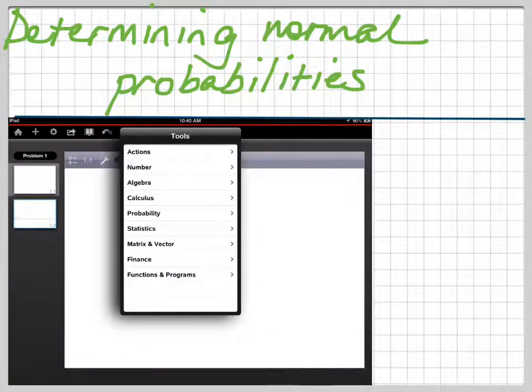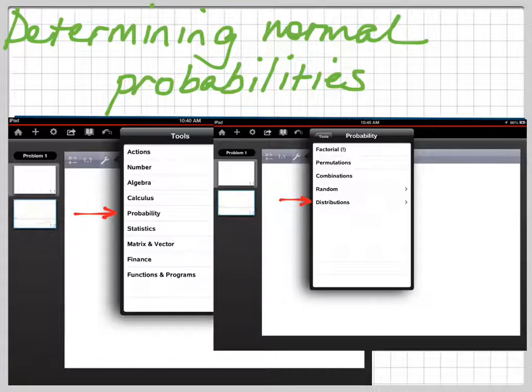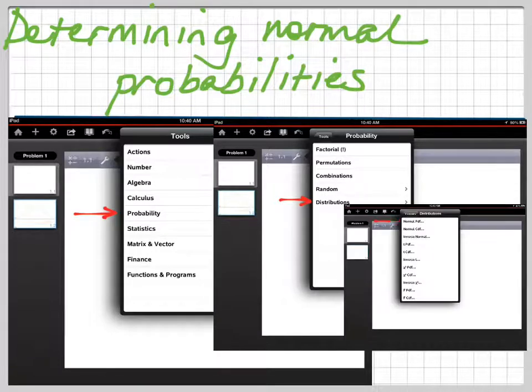If you go into your menu and you select number 5, which is probability, then you push the little right arrow on that one, you then see an entry which will say distributions, and if you go further, having selected distributions, you'll see 3 of them: you've got normal PDF, you've got normal CDF, and you've got inverse normal.